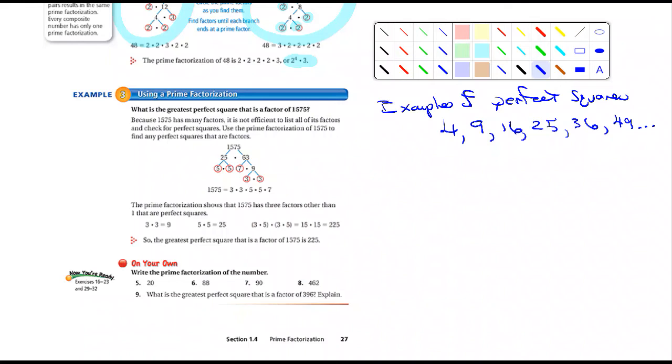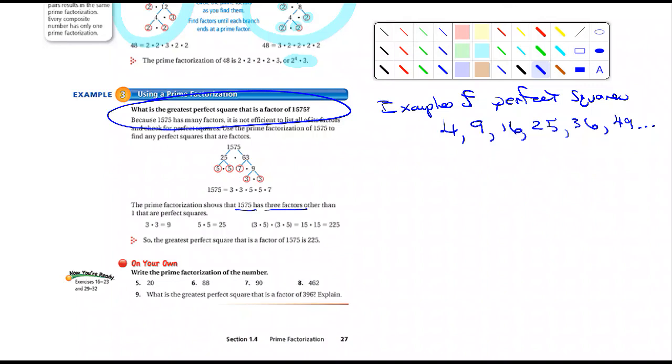Okay. Now, here's the question. It says, what's the greatest perfect square that's a factor? And remember, all these numbers are the factors when you factor out a number. So it says 1,575 has 3 factors other than 1 that are perfect squares.